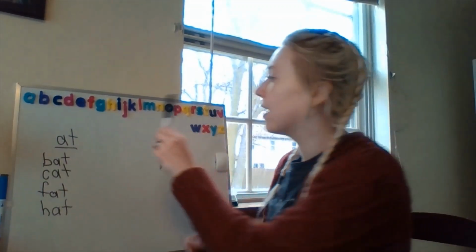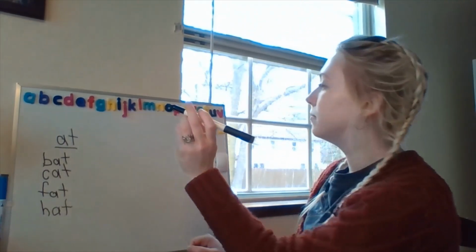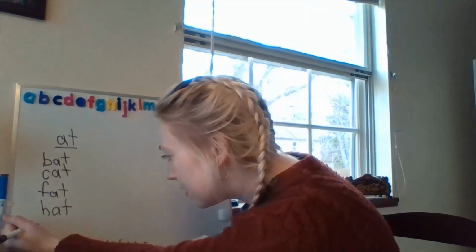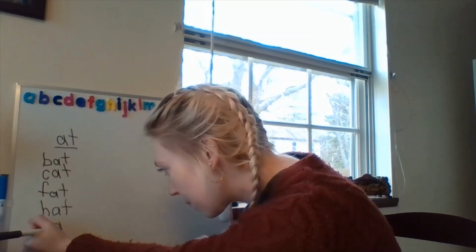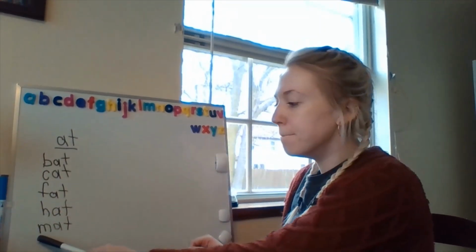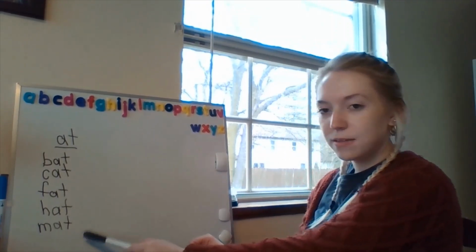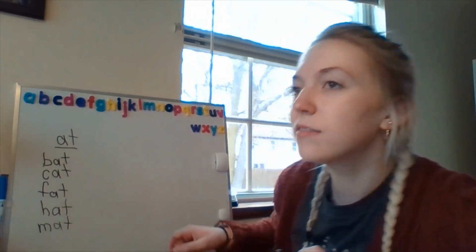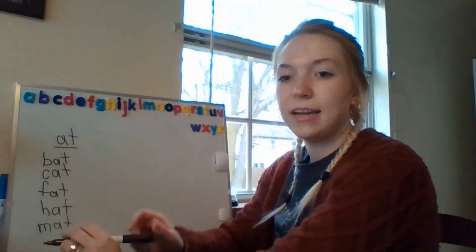That's the word hat. And I bet if we keep going, we have lots more words that we could make. What about this word? At, what's that word? Mat. And if you have some more words in this word family you can think of, then you can go ahead and keep writing them. But now we're going to look at a different word family.